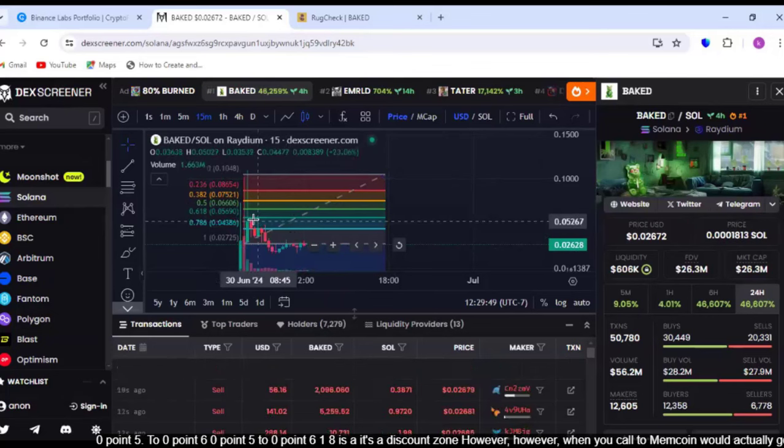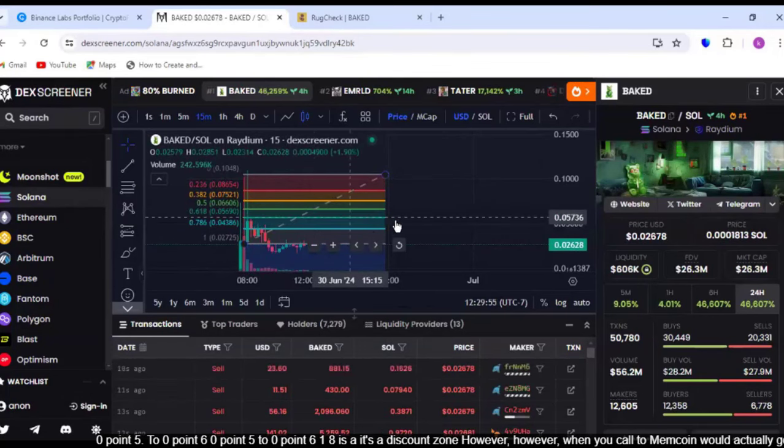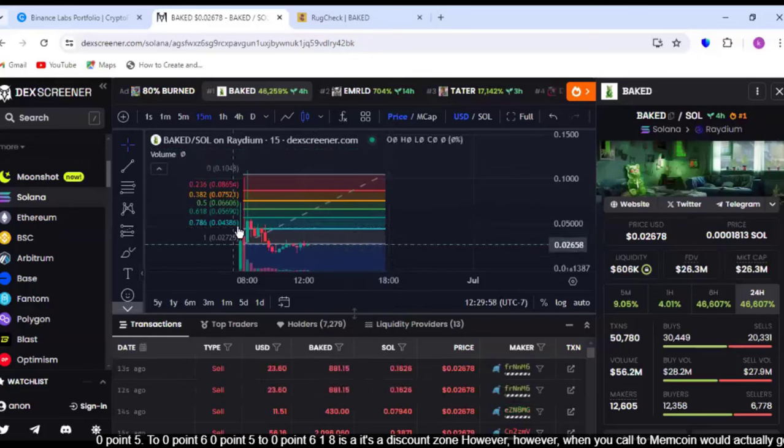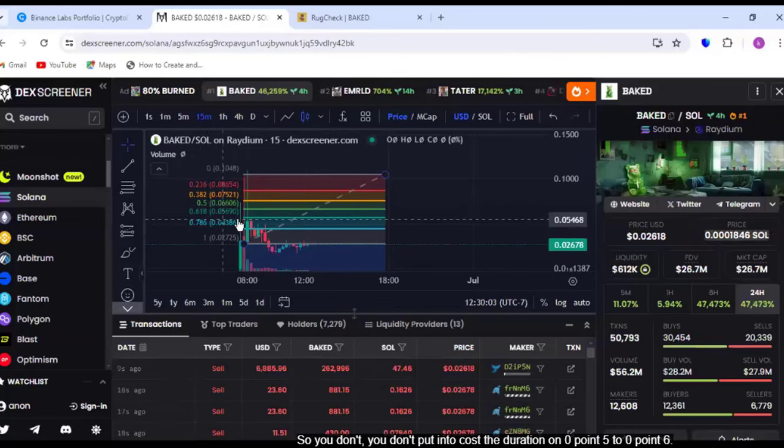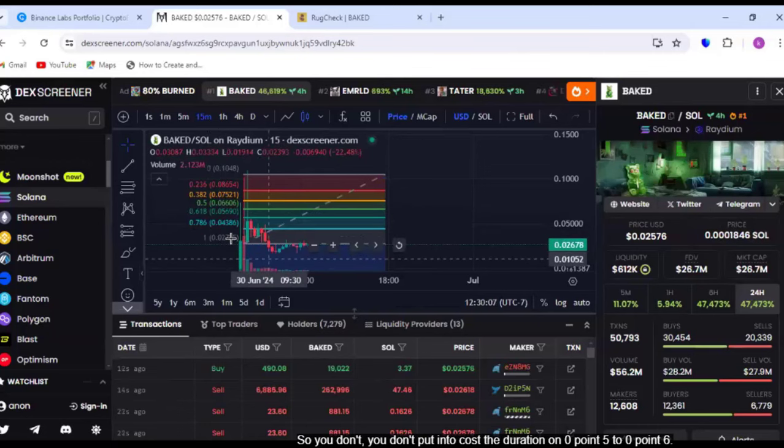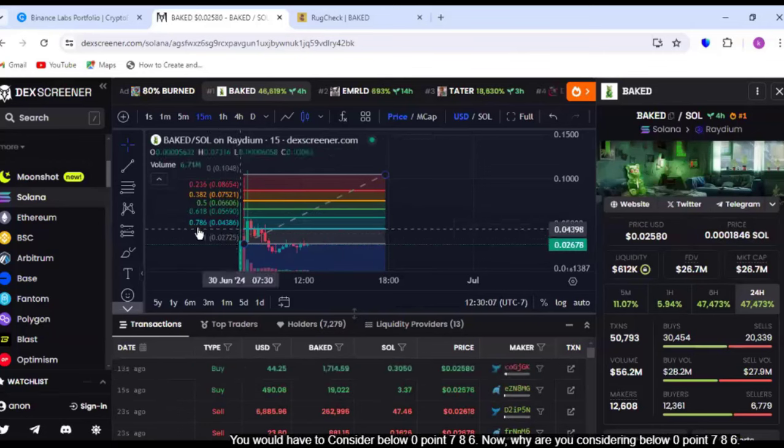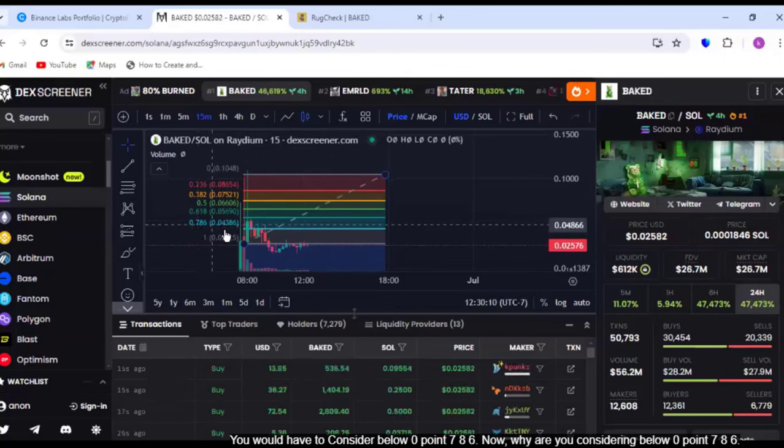However, when you come to meme trading, memecoin would actually go below 0.7. So you don't put into consideration 0.5 to 0.6. You would have to consider below 0.786.